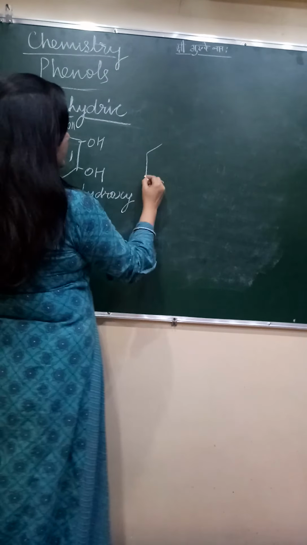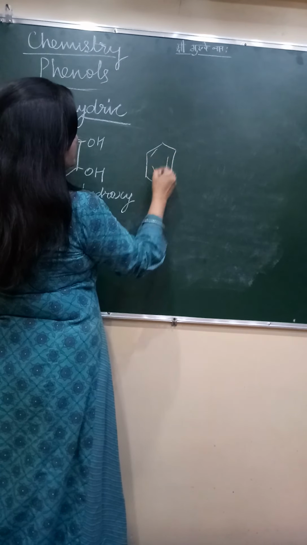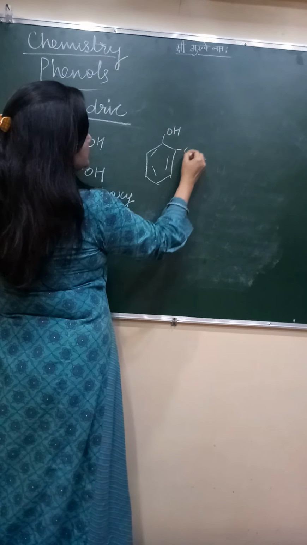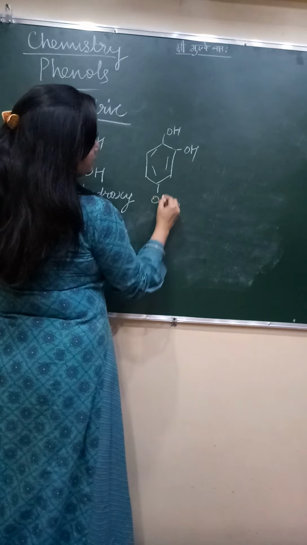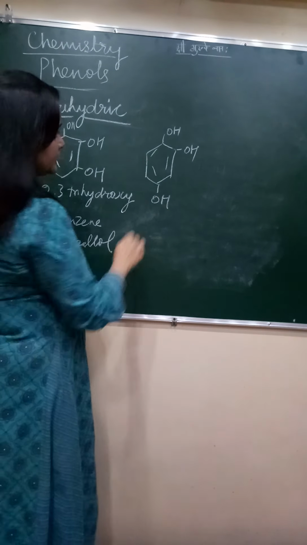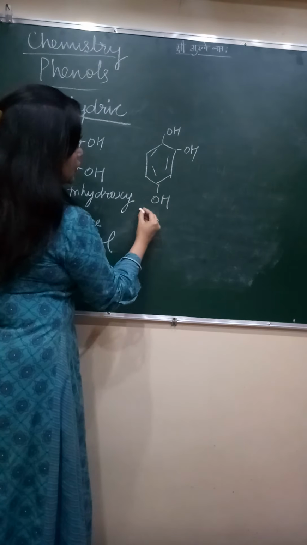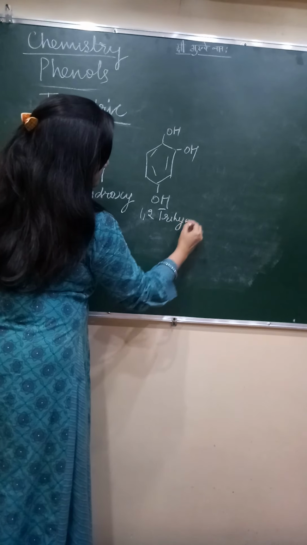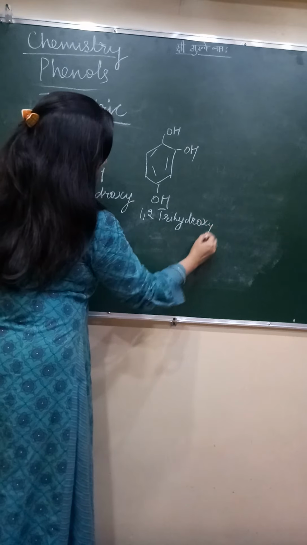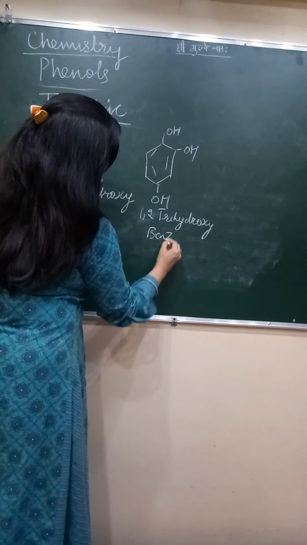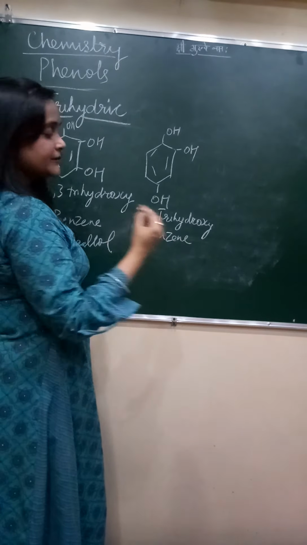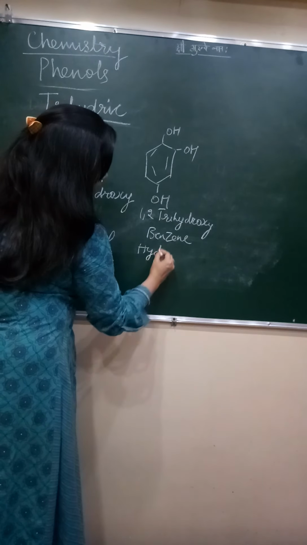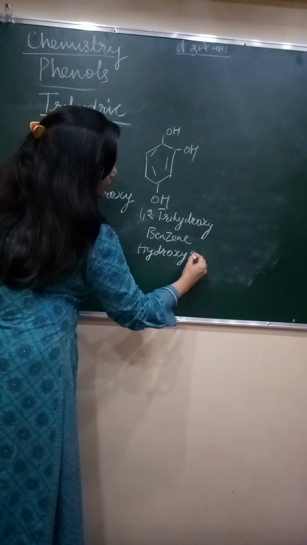If the hydroxy group changes its position, like 1, 2 and it gets attached here at the 4th position, then its name changes. It is called 1,2,4-trihydroxy benzene, or it is also called hydroxyquinol.